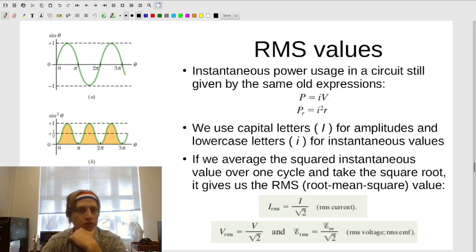So we don't really think about the average as much as we think about the root mean squared of the value. So what is that? That's like if we took this and we squared it, and then we took the average of that square, and then we took the square root.